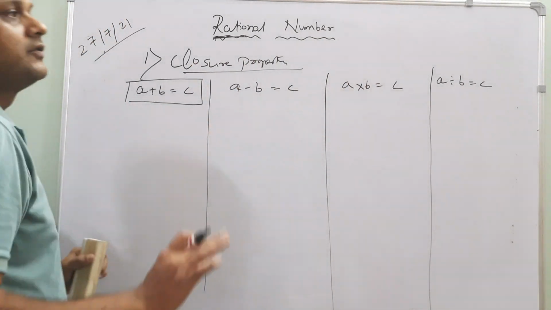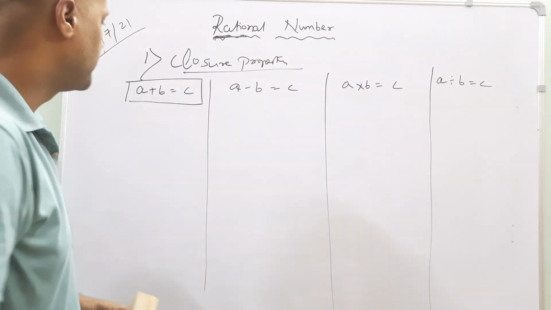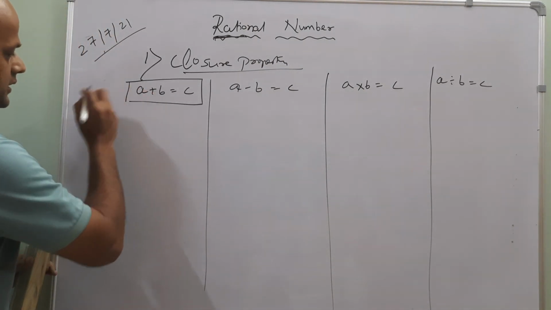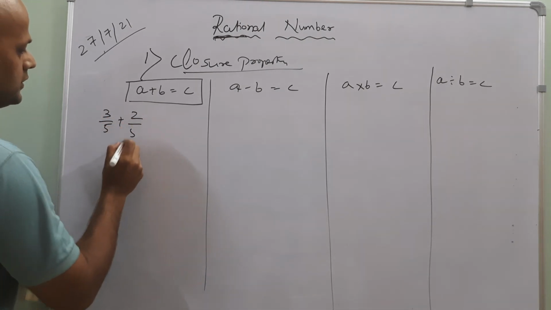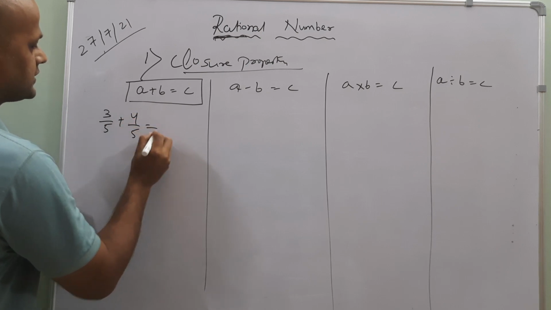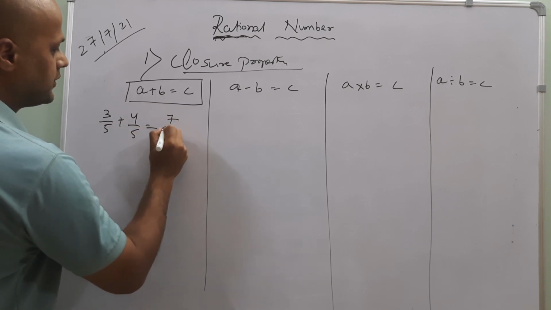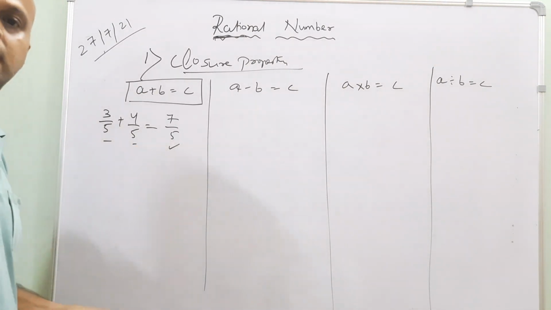If it follows, then it follows the closure property. See, 3 by 5 plus 4 by 5. What is the answer? It is 7 by 5. Yes or no? Two rational numbers are added and the result is also a rational number.